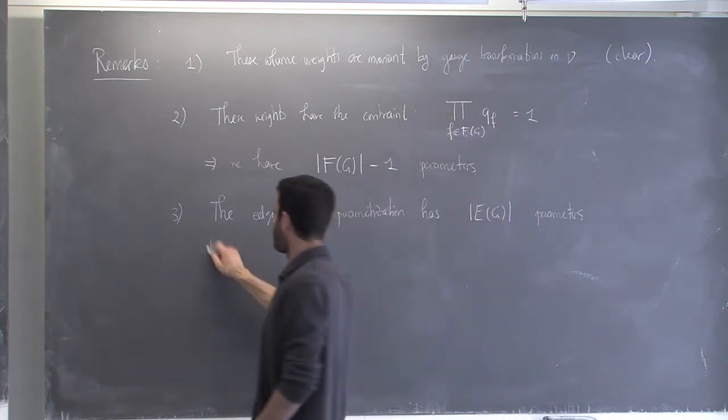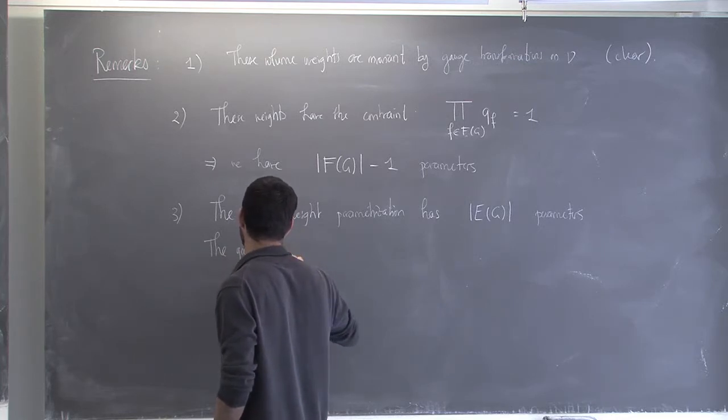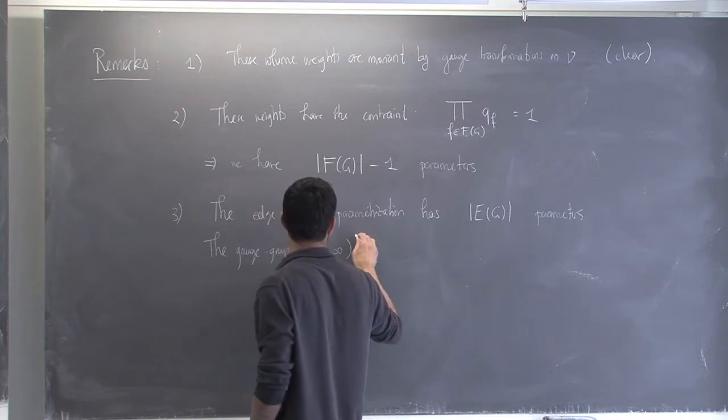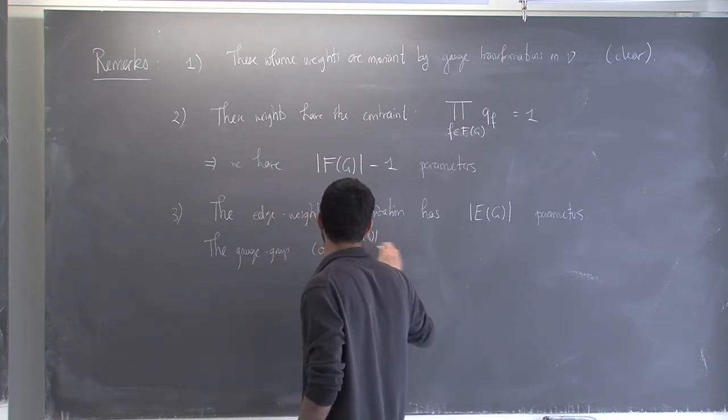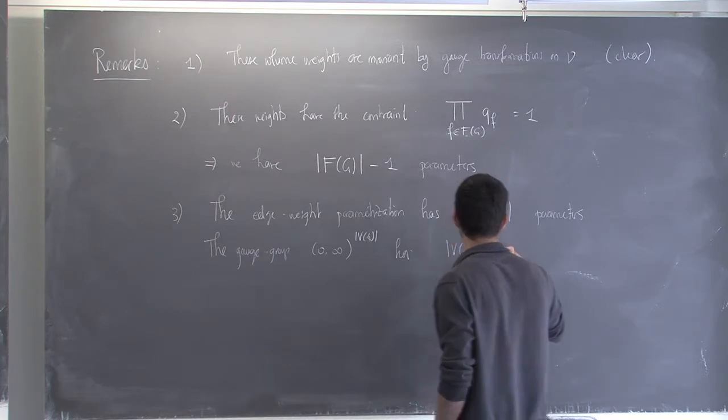Now the gauge group has this number of parameters.